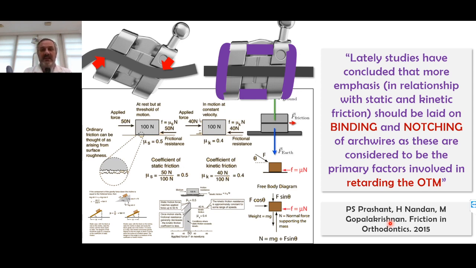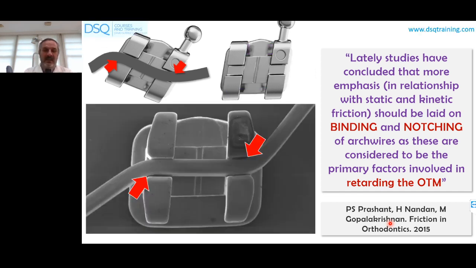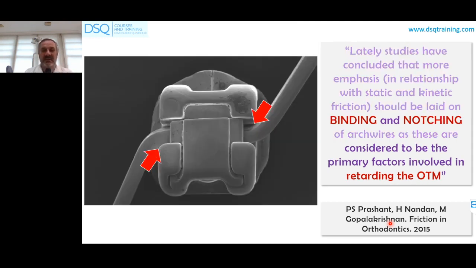The notching and the binding are very important because they increase the length of the treatment, because it's not possible, for example, in self-ligating brackets to introduce thick superelastic wires at the start of the treatment. For this reason, very important is the application of pairs of forces at the end of the slot, in conventional bracket or in self-ligating bracket.